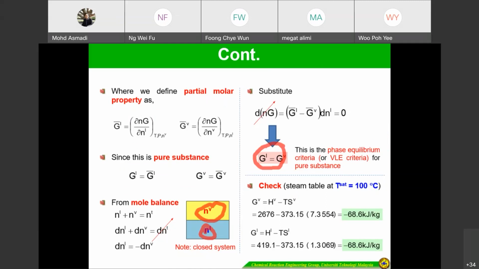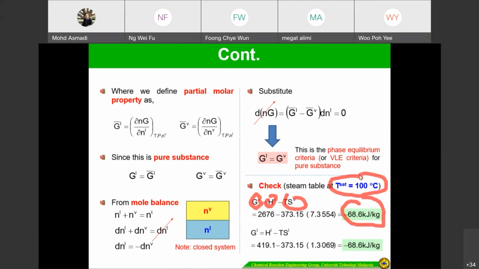Once you check by using a steam table, because we only have the data for the steam table, if you calculate G = H minus TS, the answer is negative 98.6. This is if you calculate at 100 degrees C, because 100 degrees C is the boiling point for water, so vapor and liquid can exist.